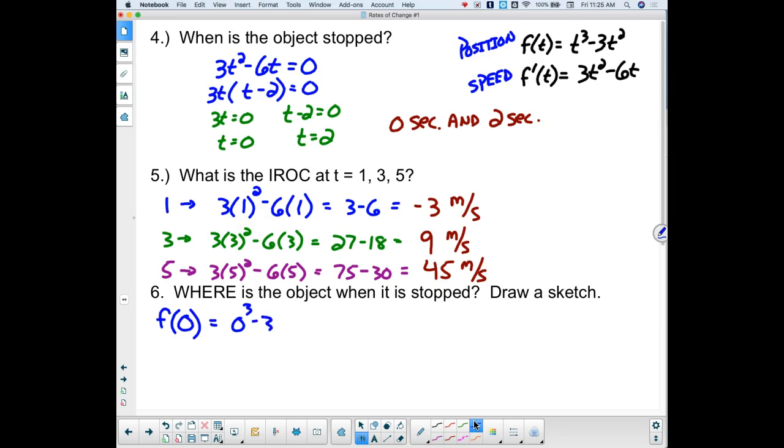Cubed minus 3 times 0. And then I'd have to find f of 2, right? So that's 2 cubed minus 3 times 2 squared. 2 cubed is 8.